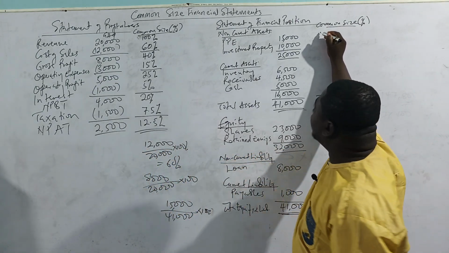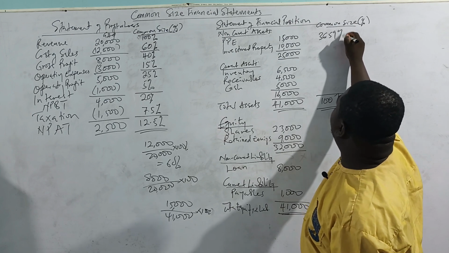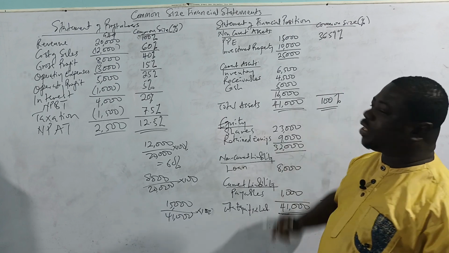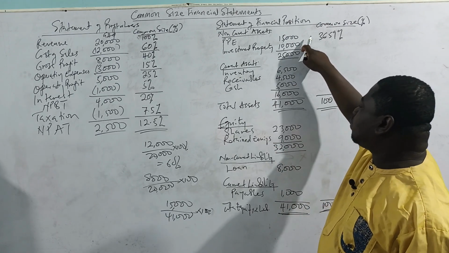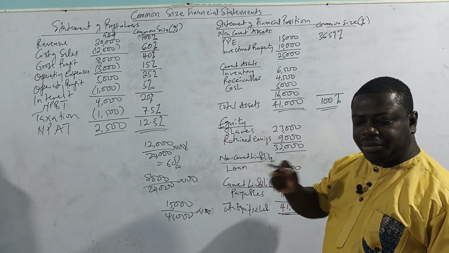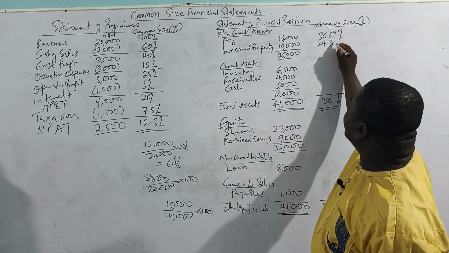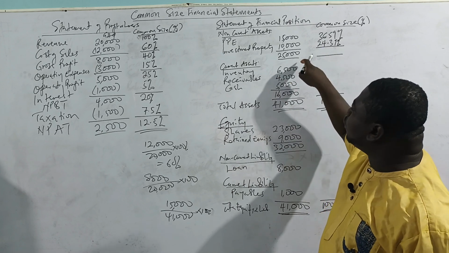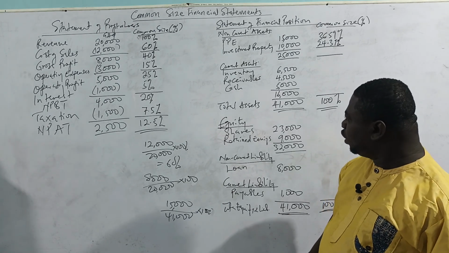So it's going to give us 36.59%. Okay, I've left it in 2 decimal places. Then we take the investment property, which is 10,000 over 41,000 times 100. And that is going to give us 24.39%.